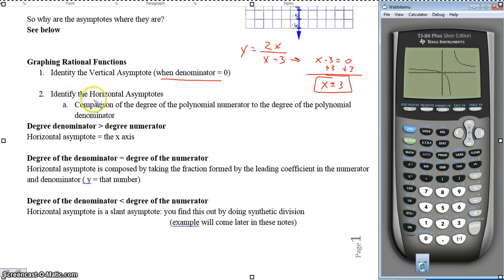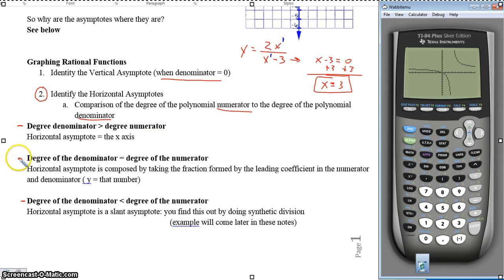Then the other thing that we want to do is come up with the horizontal asymptotes. And this is where there are actually 3 different rules depending on the type of example that we have. We have to pick the rule that we need to follow. Basically, we're comparing the degree of the numerator to the degree of the denominator. Looking at our example here, the numerator has an exponent or degree of 1, and the denominator has an exponent or degree of 1.